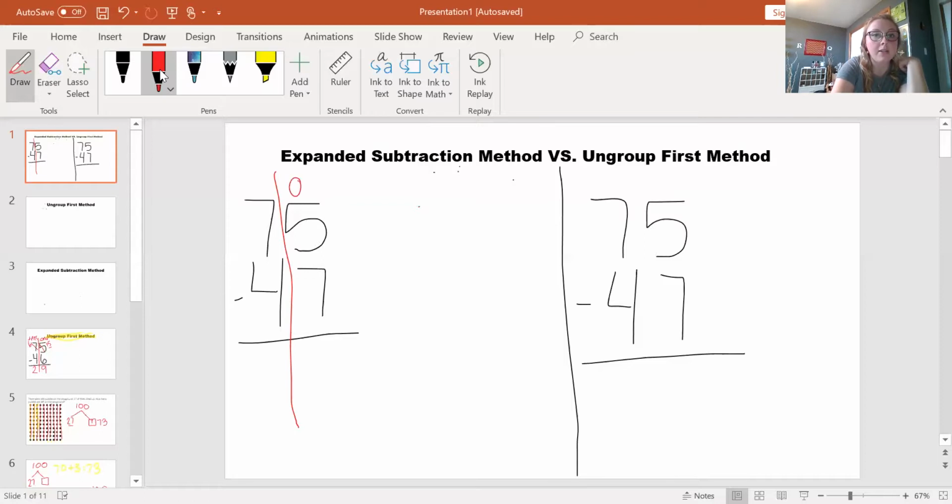Okay, again, I know some of you like to do this, so I'm going to do it. Here are our ones and our tens. So again, I am doing the expanded subtraction method right now. We start with our tens, and 7 tens is 70, and 4 tens is 40: 10, 20, 30, 40.